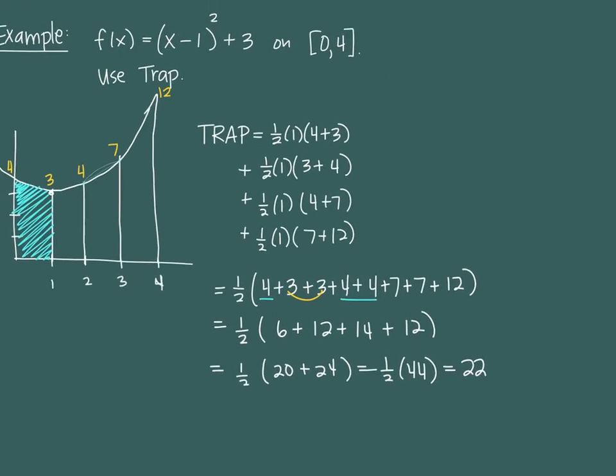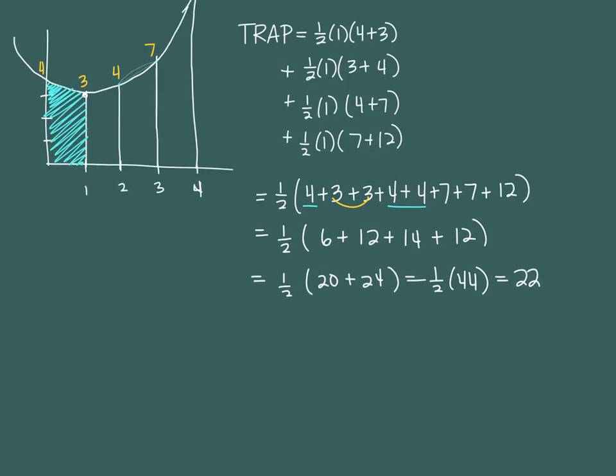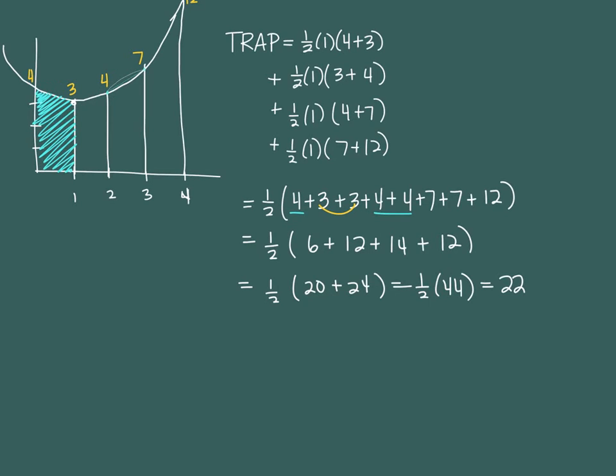Okay, so how do you find it out exactly? So I'm going to introduce a new notation to you about exact area. Trap is only an approximation. Okay, exact area. The notation for exact area is called an integral.